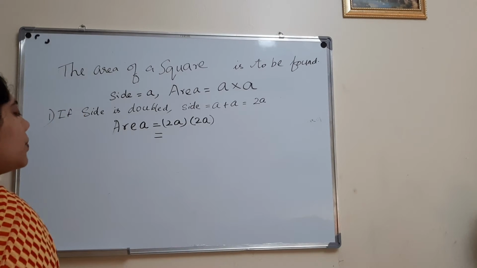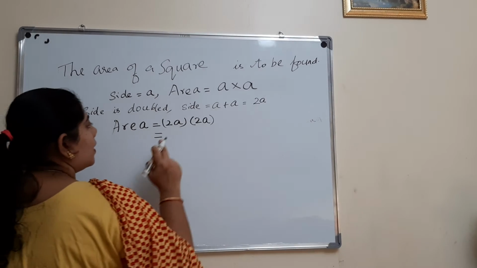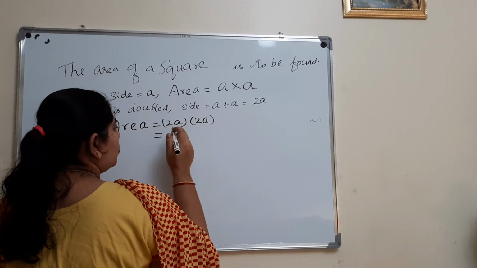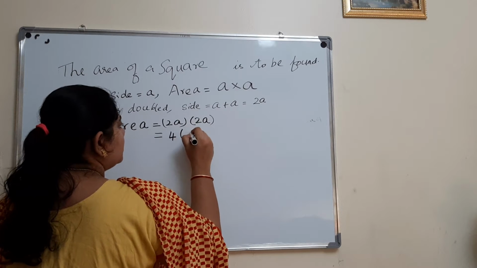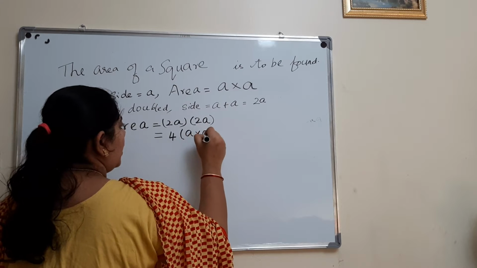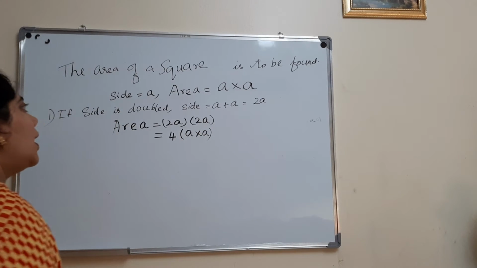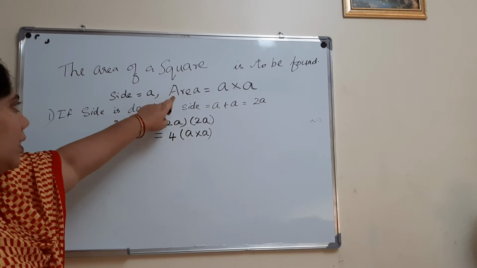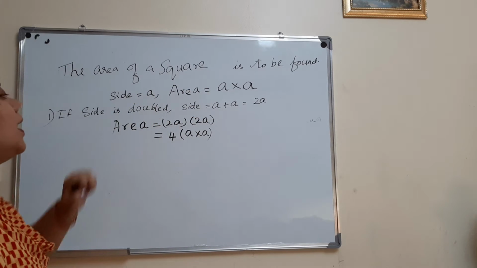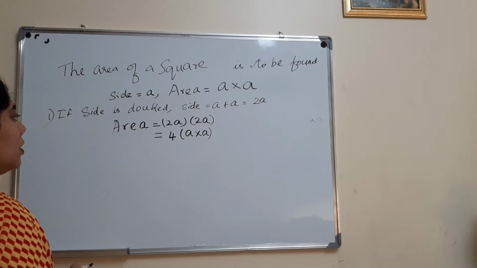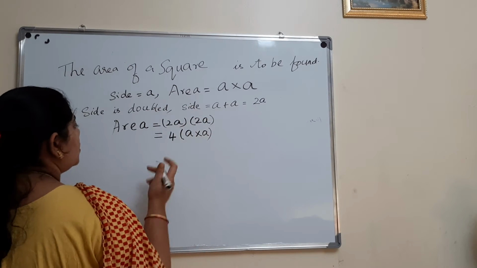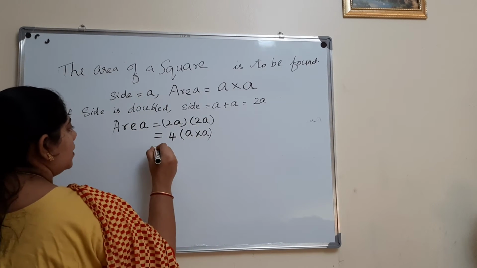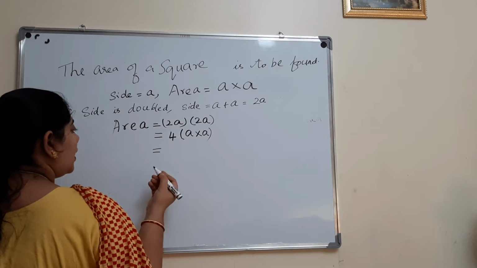That is the meaning. So multiplication means we can take 2 into 2 is what? 4. And A into A, right? So A into A is the area with side A. So when the side is doubled, what happens to the area?